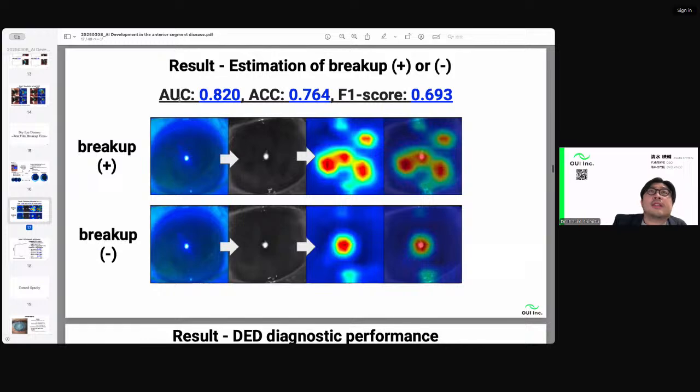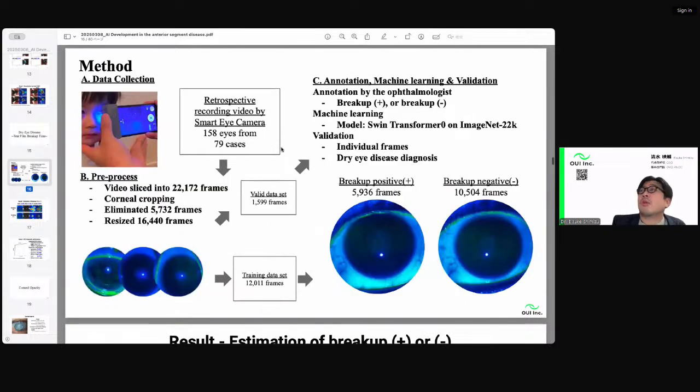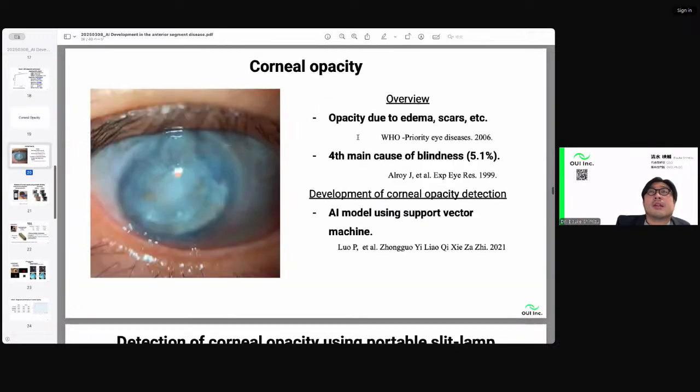And as you can see, this AUC is not that high because we don't have a blue light filter to identify it, and the diagnostic performance itself is not that high. But as you can see, we only recorded about 80 cases. So now we're trying to expand the N.